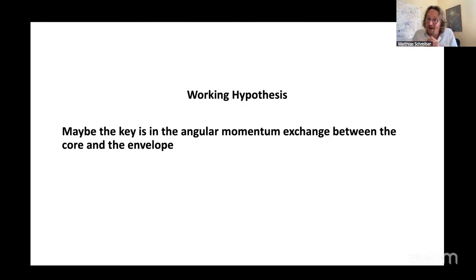In binary stars, if you have braking, the envelope is accelerated due to the tidal forces. And because you have the accelerated envelope, the core rotates slower. So friction between the core and the envelope is reducing. It works as an additional braking in binary stars.